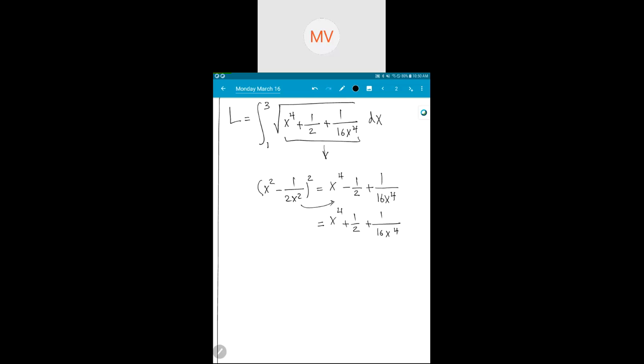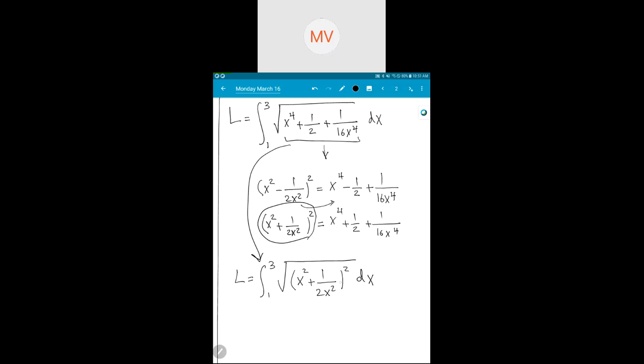Now you guys can see what it becomes, right? In terms of a complete square, because that's the same exact thing, except the sign has to be positive. That's it. So under square root becomes that expression. So the length setup becomes integration from 1 to 3 under square root of x squared plus 1 over 2x squared, dx.